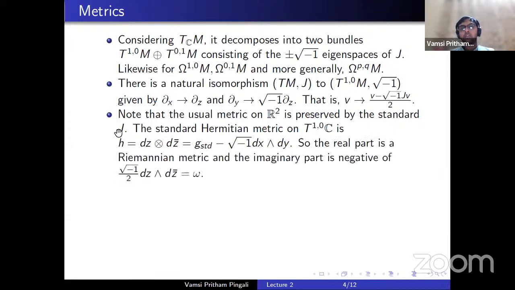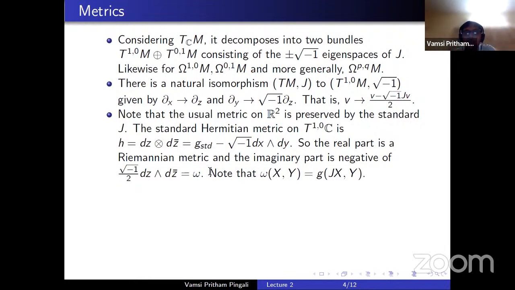So in other words, the real part of a Hermitian metric that is preserved by J is a Riemannian metric. The imaginary part is a 2-form. It's a 1-1 form, okay, namely this form omega. Okay. So that's the bottom line here.